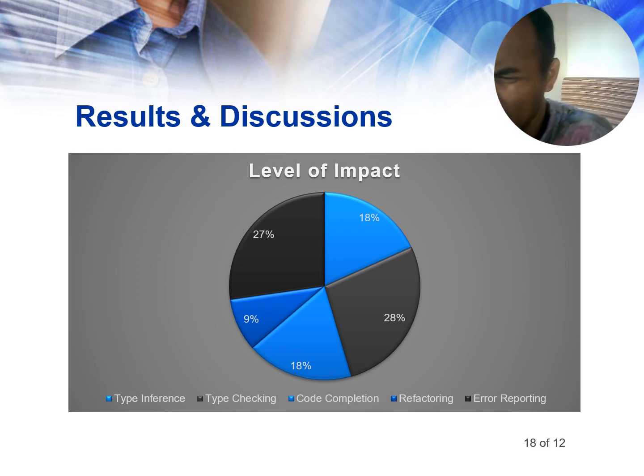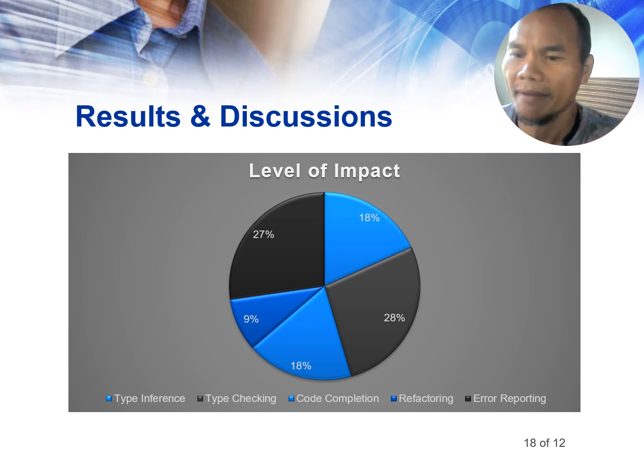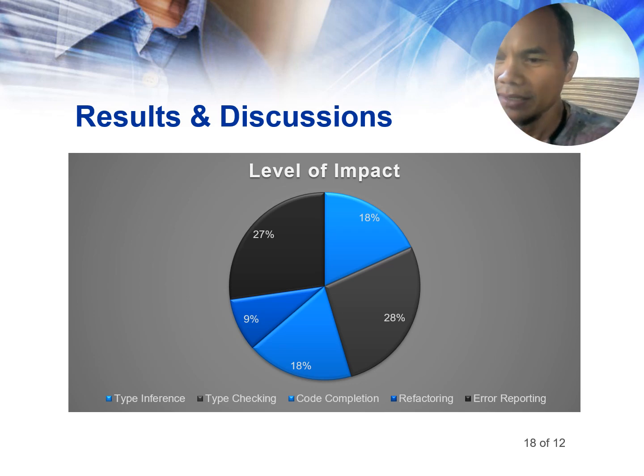Type checking and error reporting have the highest impact levels of 3, suggesting they are a high priority in TDD tools. Change implementation, type inference, and code completion have a moderate level of impact with a score of 2, while refactoring has the lowest level of impact with a score of 1.